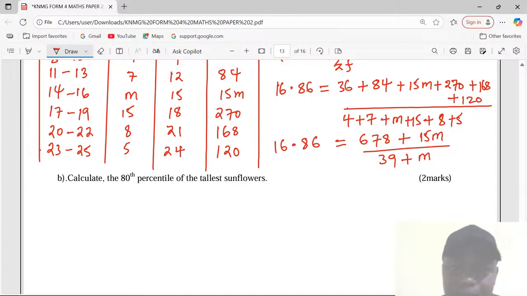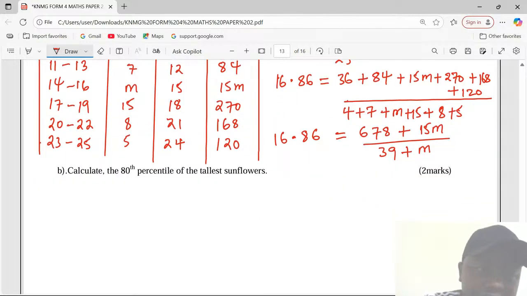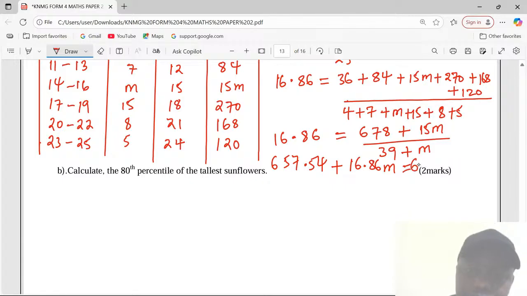Let's cross multiply, and I hope that 39 is well added: 11, 26, 26 plus 13, yes, 39. 16.86 multiplied by 39 gives us 657.54, plus 16.86m equals 678 plus 15m.